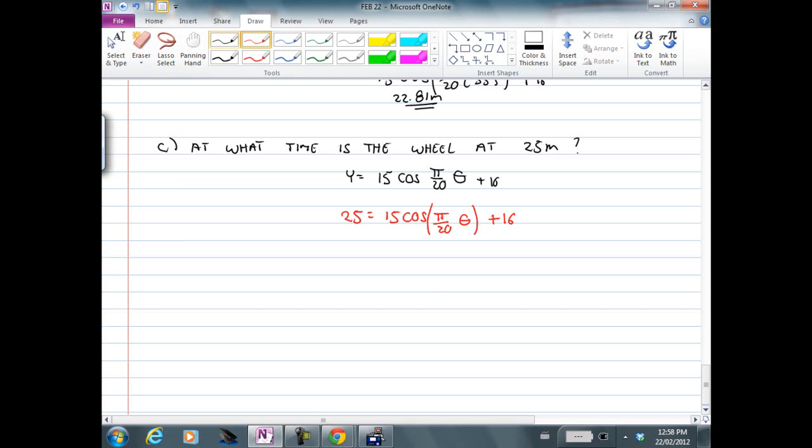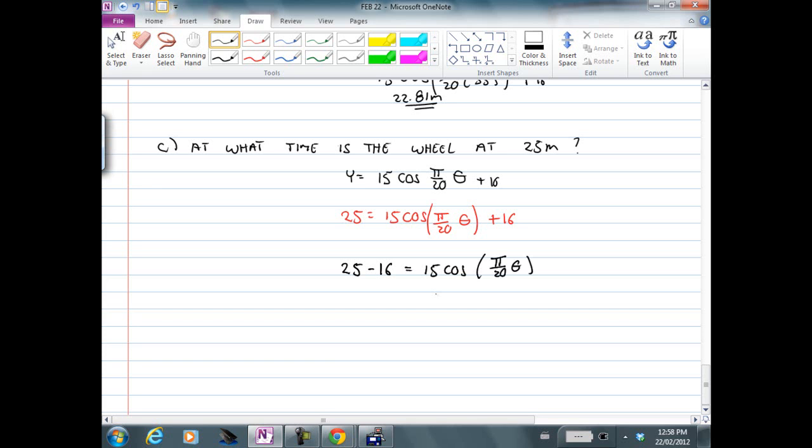So you went 25 minus 16, because you're going to move the 16 over first, equals 15 cos pi over 20 theta. Once you solve that, move the 15 over.